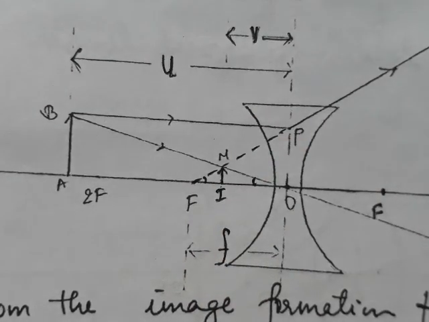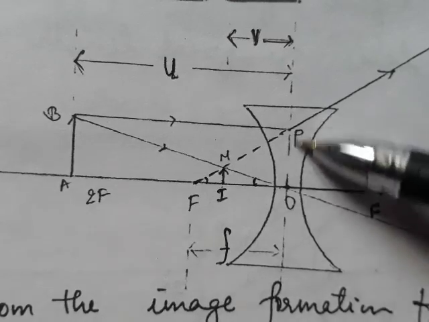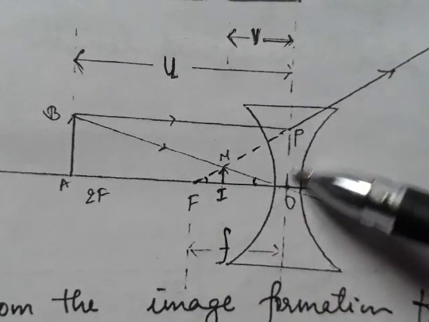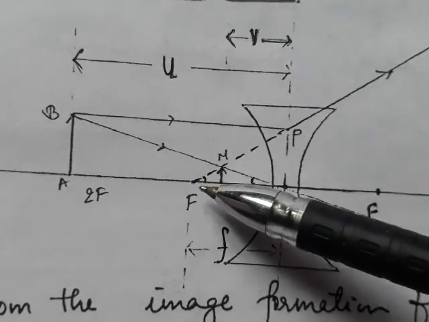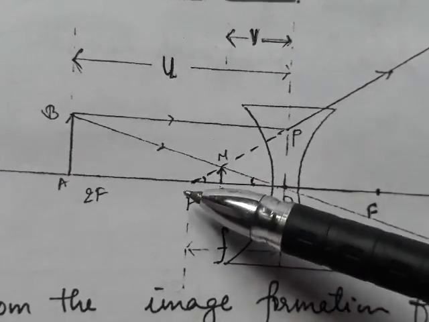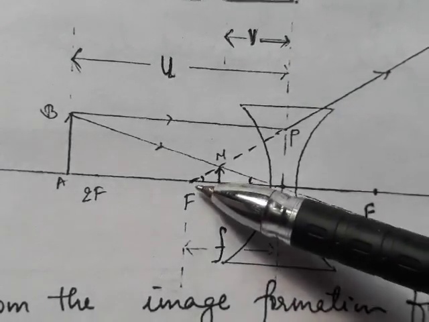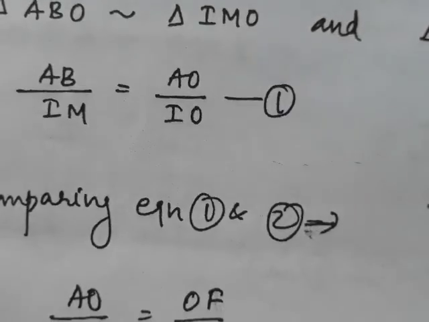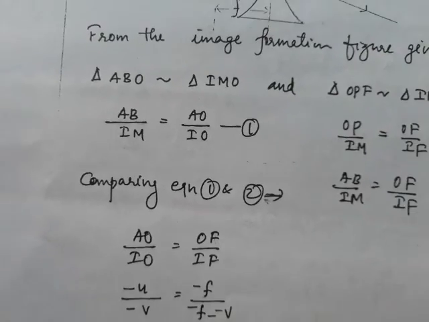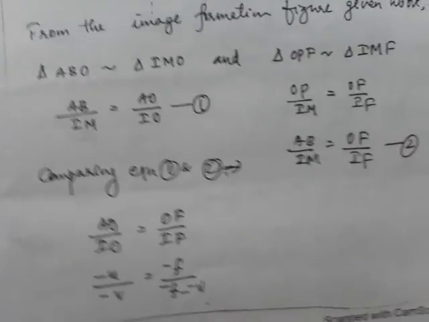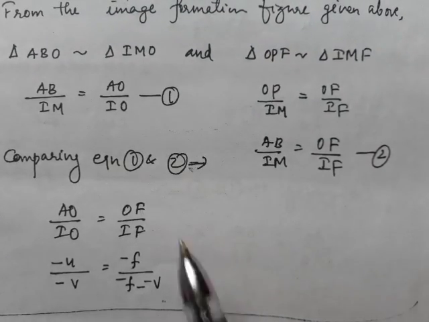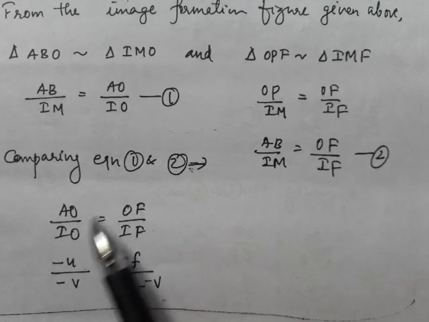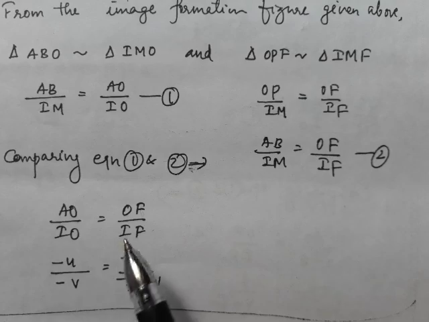So their ratio, this side OP divided by IM, heights, OP by IM is equal to OF, this length, divided by this length IF. So those two equations, the first and the second, we write from the two triangles like previously. Then we get AO by IO is equal to OF by IF.